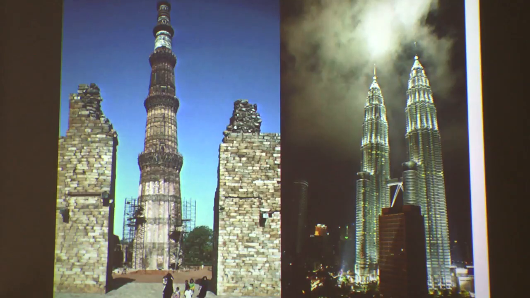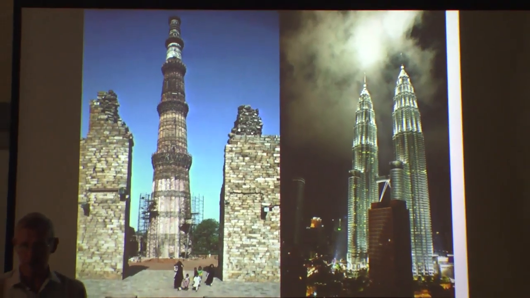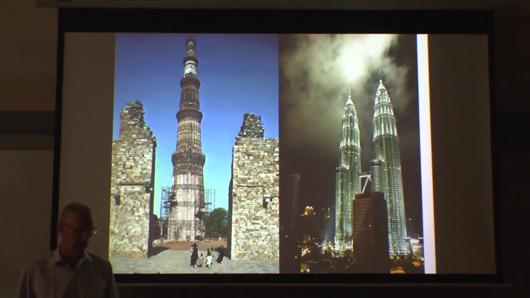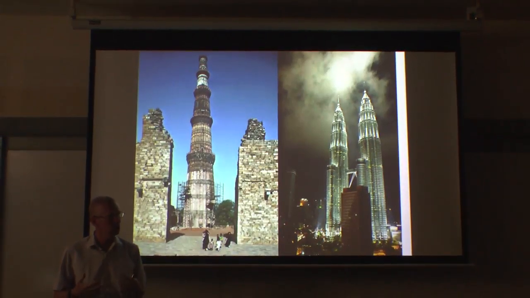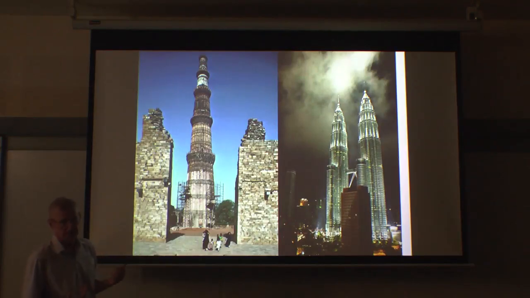So, in fact, I think there are similarities between these, not just in the shape, but in the conception. They were both, at the time they were built, the tallest towers in the world. They were both designed for that reason to emphasize the power of their patrons.